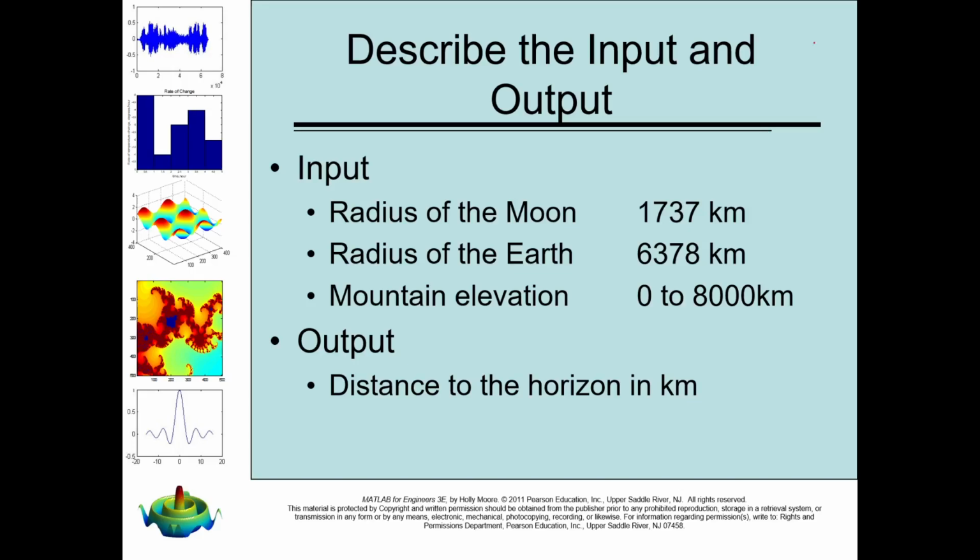Okay, input yang diberi adalah radius of the moon, which is 1737, radius of the earth 6378, and also the mountain elevation from 0 to 8000. Output distance to the horizon in kilometer.